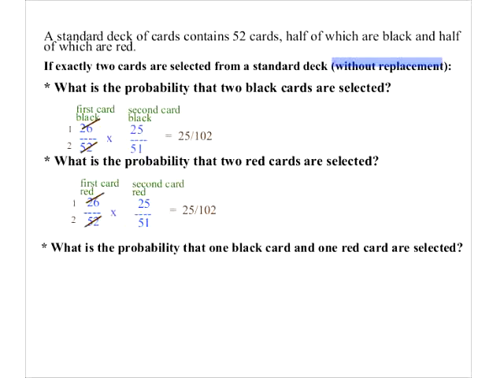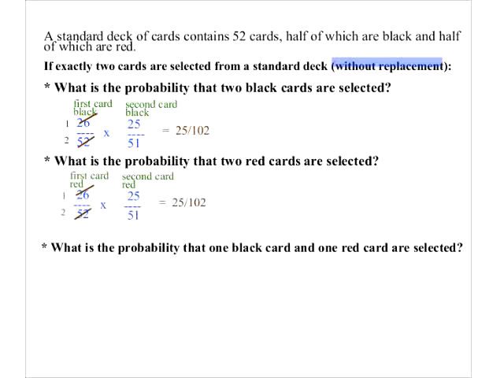The probability the first card is red is still 26 out of 52. And then once you've taken a red card out of the deck, there's 25 red cards left out of the 51 cards that are still in the deck. So there you go.